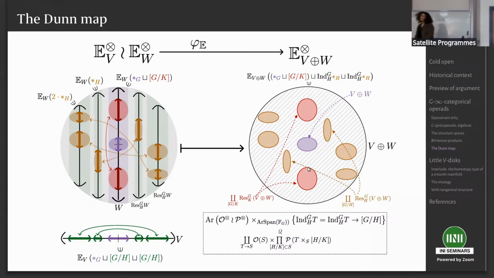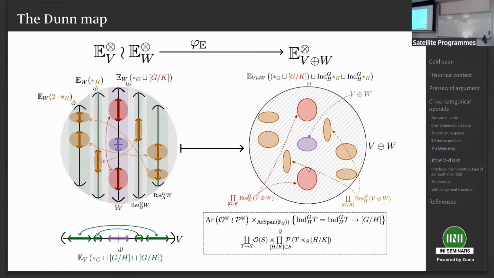The idea here is you need some map from some model for E_V tensor E_W to E_{V direct sum W}, and it works like the non-equivariant thing. Once you model it as some sort of Reedy product, which is generated by these formal compositions where you have some element you might want to compose from E_V, and then some elements you might want to compose into it from E_W, you need an element of E_{V direct sum W}.